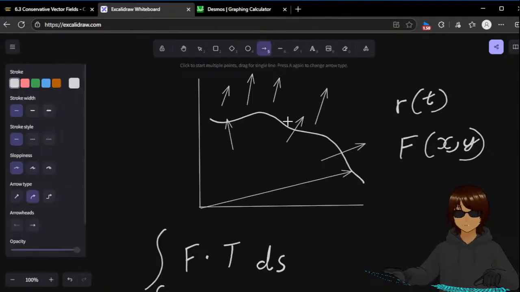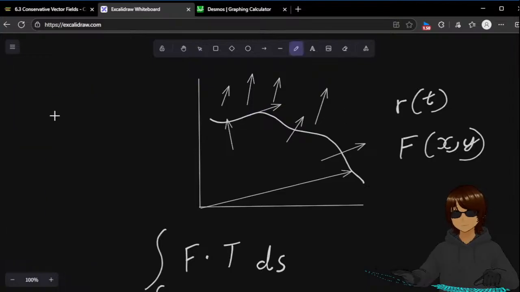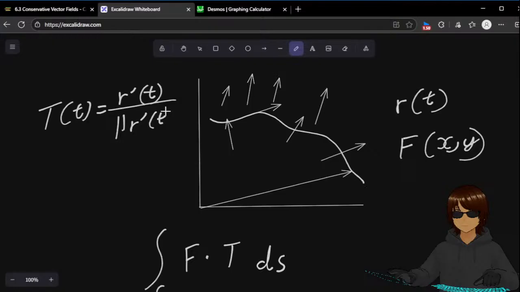The tangent is like when you're going through r(t); the unit tangent vector is the change in r(t), and it's a unit vector. So we are dividing it by its length.